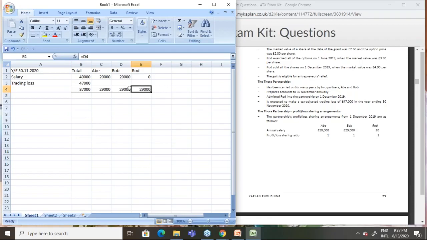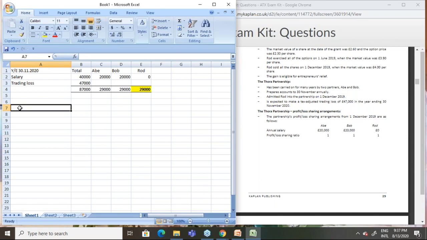Now, what matters is this 29,000 loss attributable to Rod in this situation. So Rod's loss for the year ended 30th November 2020 is 29,000 pounds.